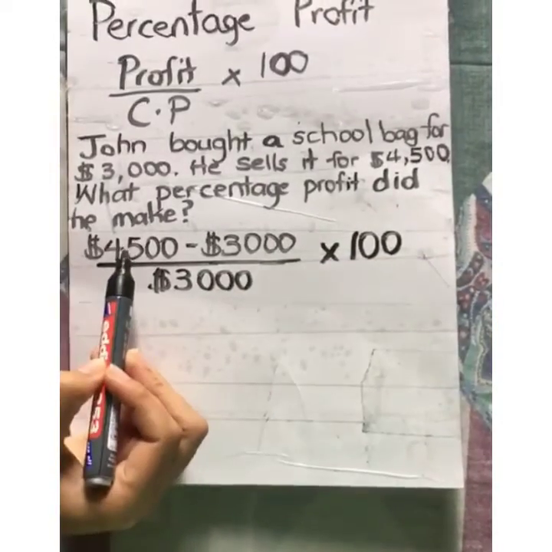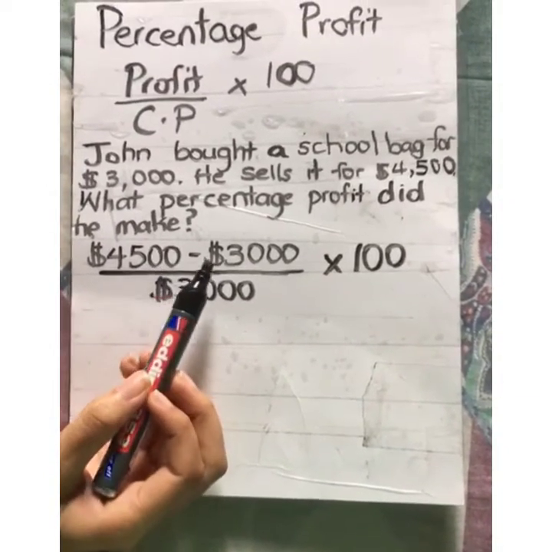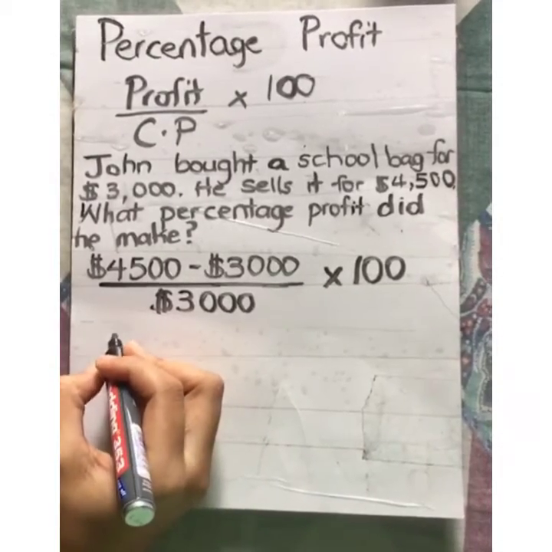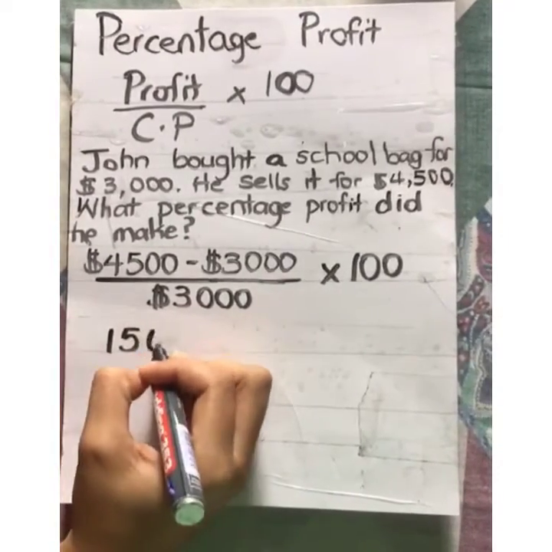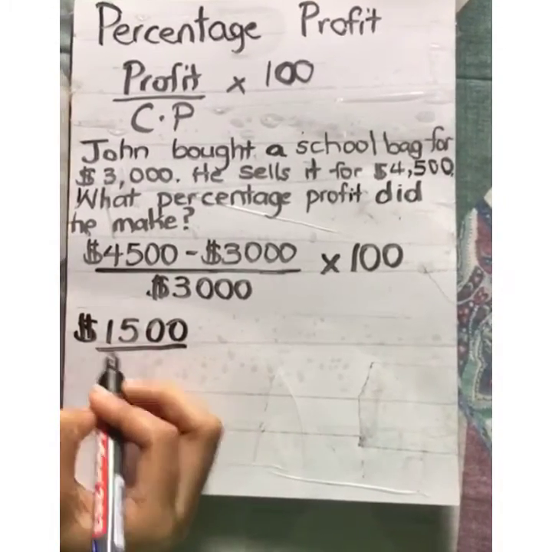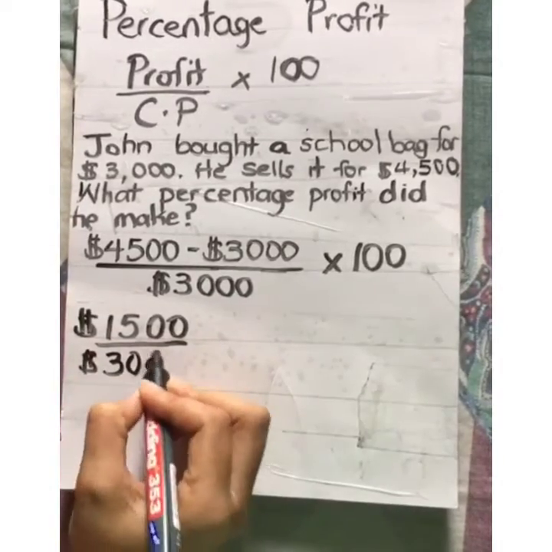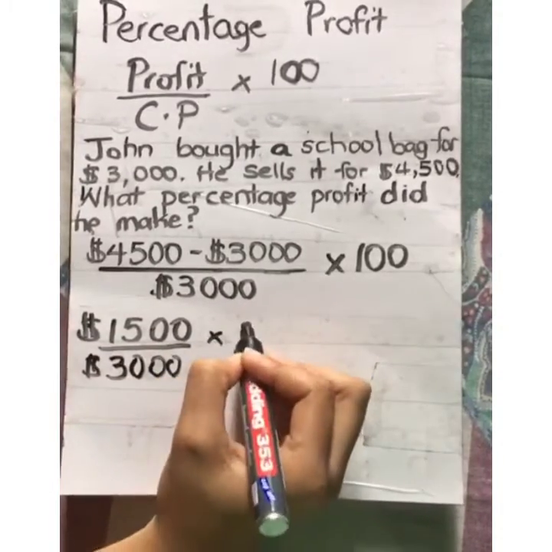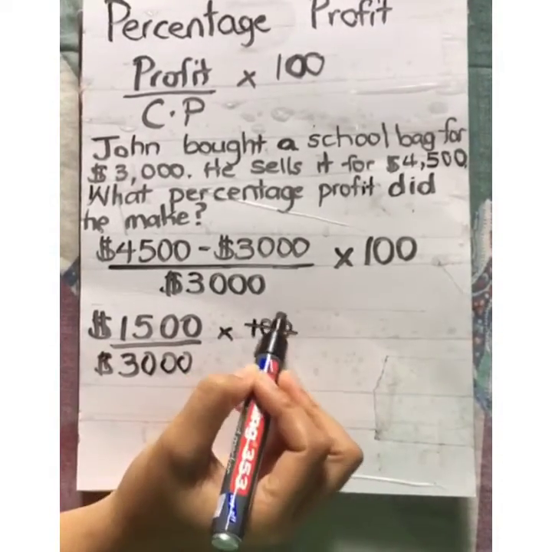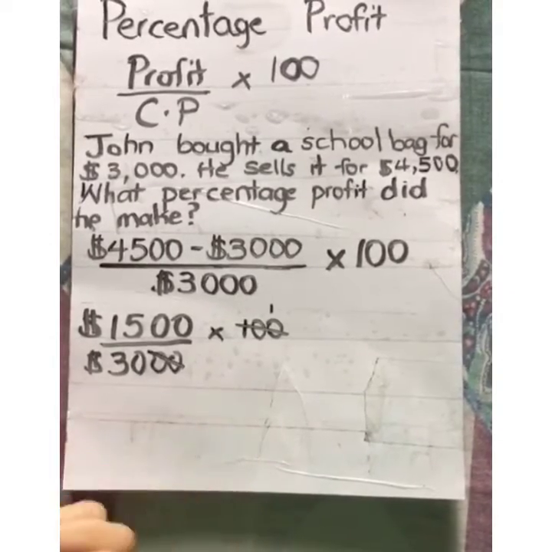So you're going to say 4,500 subtract $3,000 will give you 1,500. This is over $3,000, and this is multiplied by 100. 100 into itself goes one time. 100 into 30,000 leaves 30.